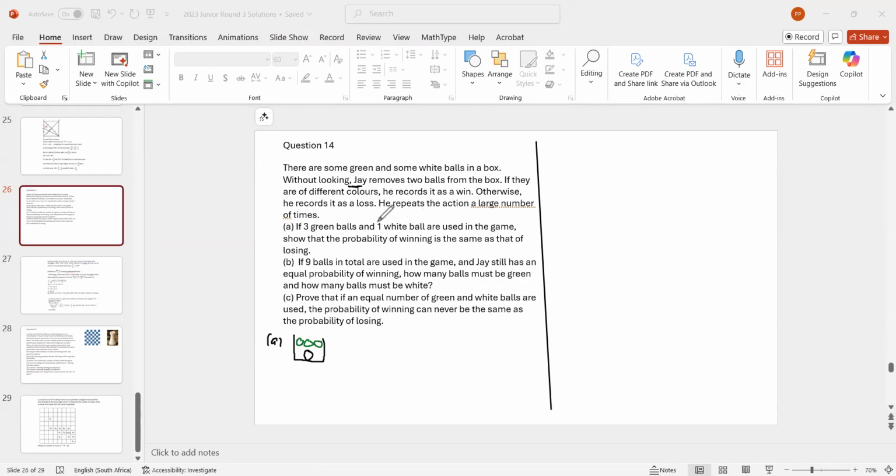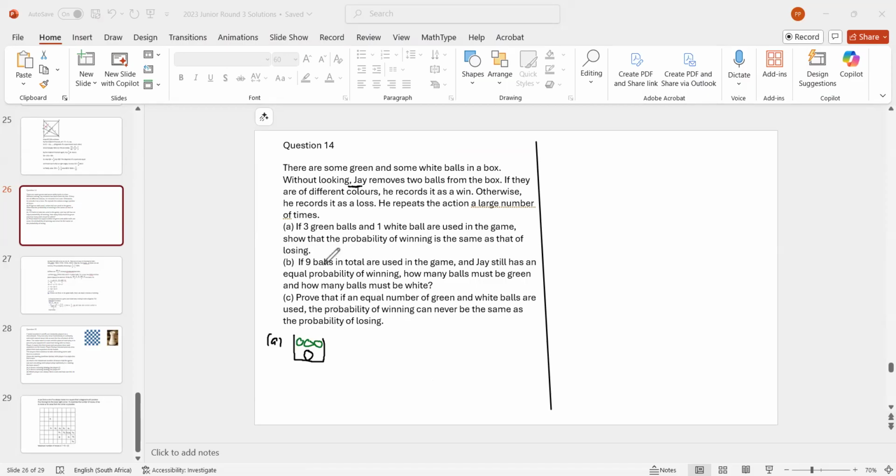But if they are the same color, he records it as a loss. So he repeats this action a large number of times. In the first case, 3 green balls and 1 white ball are used in the game. Show that the probability of winning is the same as that of losing.